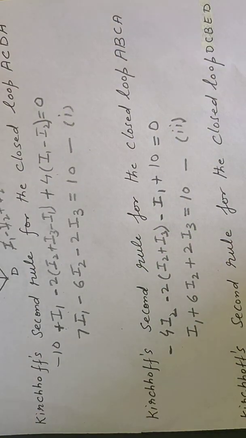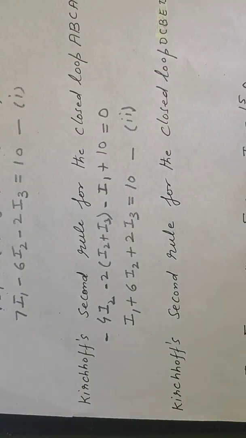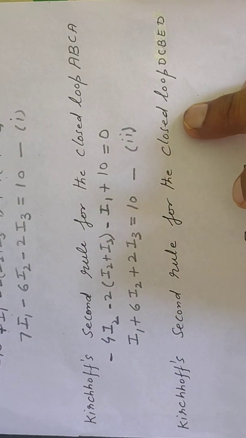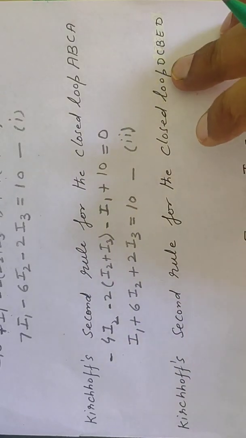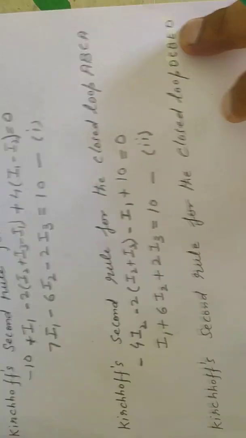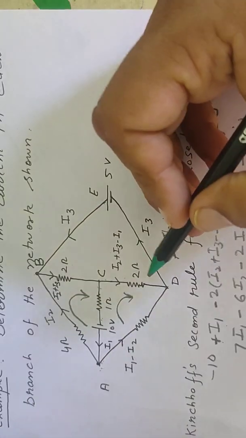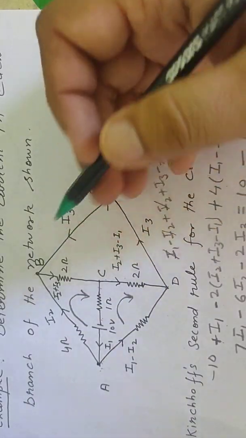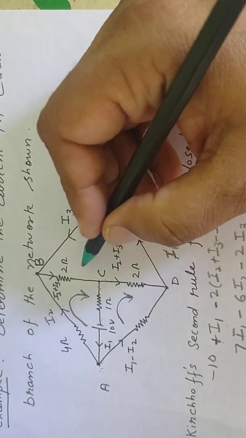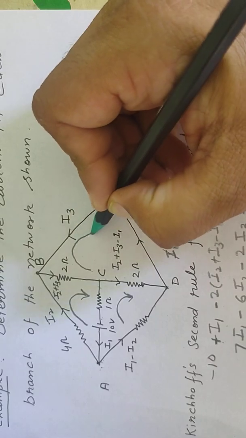Now we apply Kirchhoff's second rule for the closed loop D, C, B, E, D. Again we move in the clockwise direction.